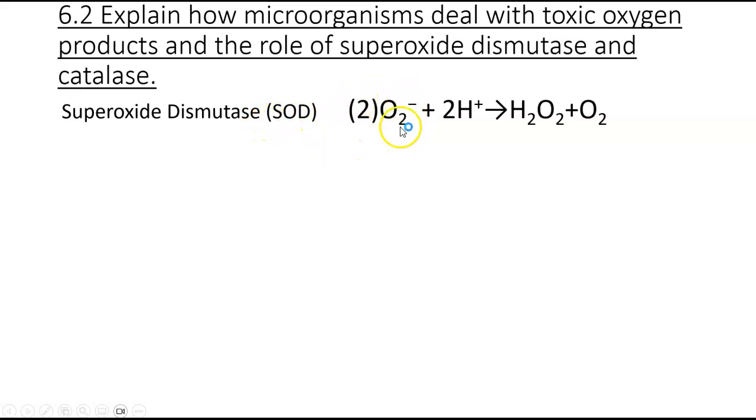I keep calling them free radicals, but you can also call them superoxide radicals. So these superoxide radicals, the O2s with the extra electron, by the action of this enzyme, are converted into hydrogen peroxide and oxygen.